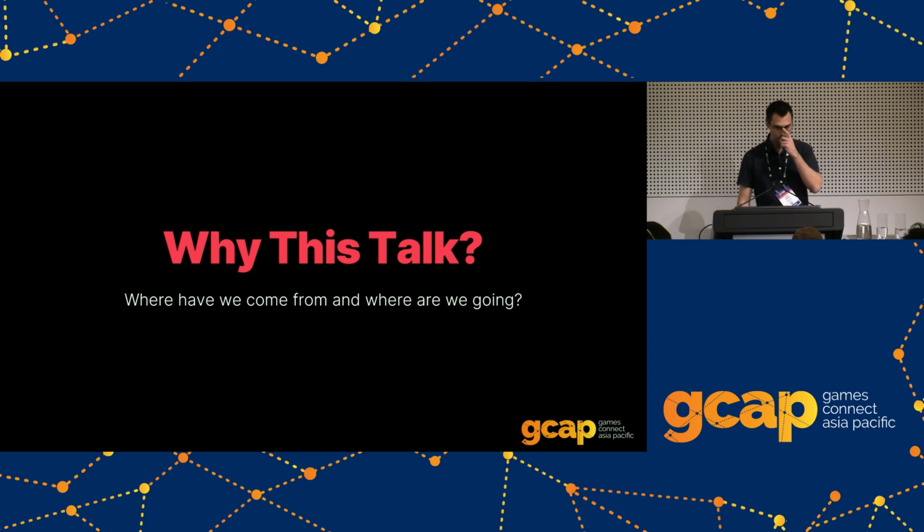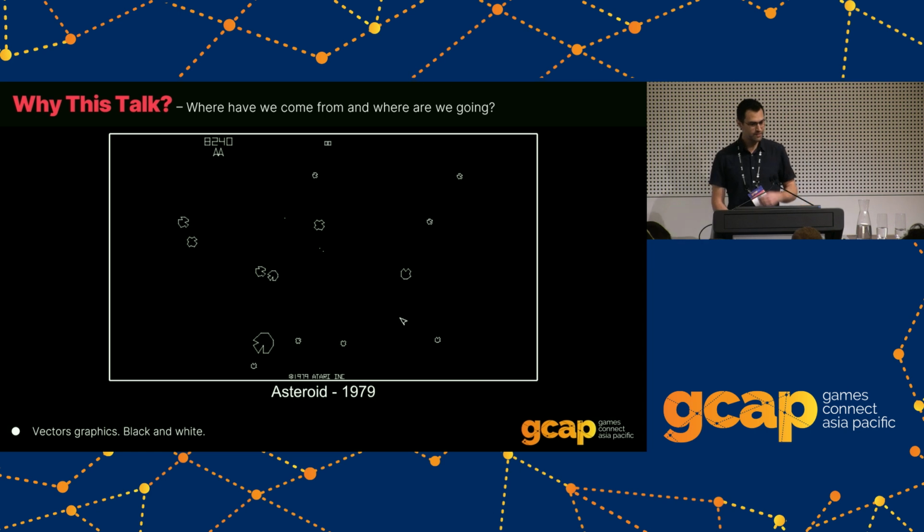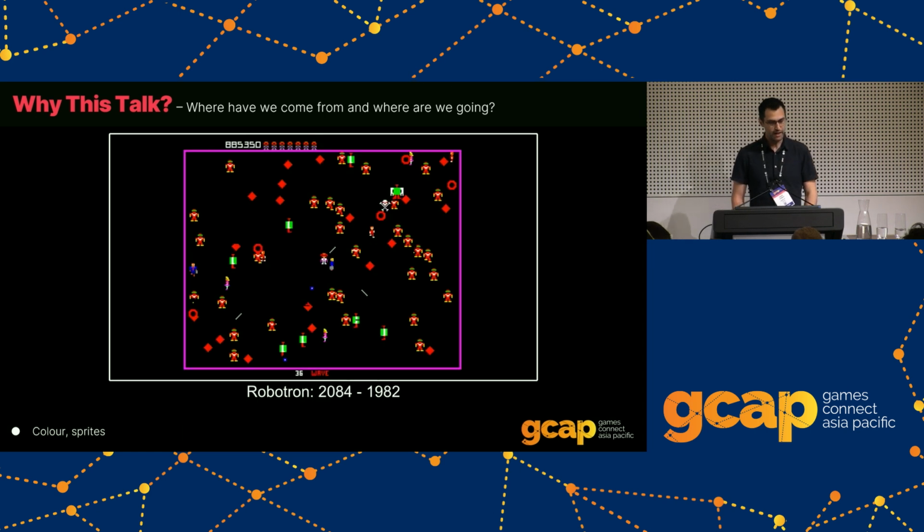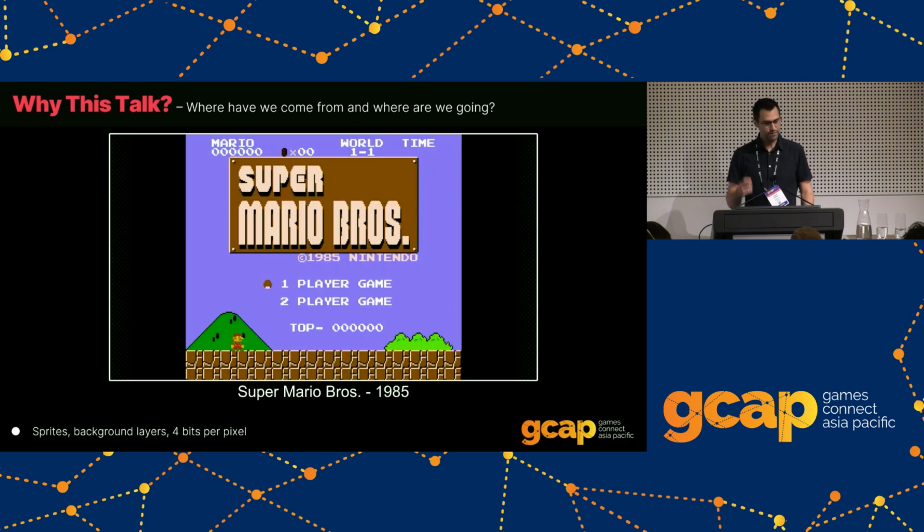Why this talk? Where we came from and where we're going. So in 1979, Asteroids came out, and it was vector graphics, black and white. Then in 82, it was Robotron, so colors and sprites. Then 85, sprites, background layers, 4-bit pixels, so Super Mario Brothers.